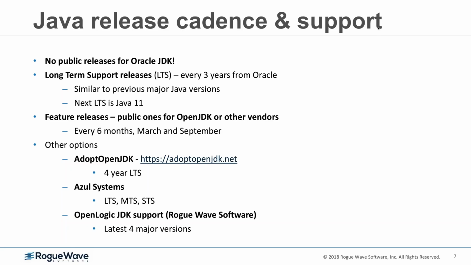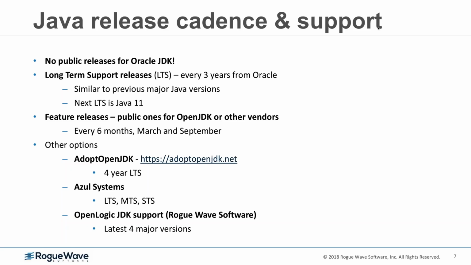To talk about the other options, there's AdoptOpenJDK, which is a community-driven project with big name sponsors like IBM. At AdoptOpenJDK.net you can download the OpenJDK builds that have gone through the test suite. You can actually download the IBM J9 from there, and on top of that, they promise 4-year long-term support for their builds whenever the LTS build happens, which is really nice.